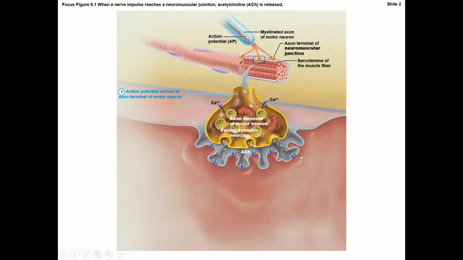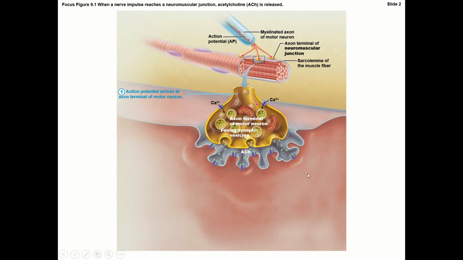So once we hit a certain threshold voltage, which for most cells is somewhere around -50, -55. Again, if the resting charge of a muscle cell is somewhere between -70 and -90 millivolts, as we allow more and more sodium to come in, because again, it's positive, it'll move from -70 to -65.